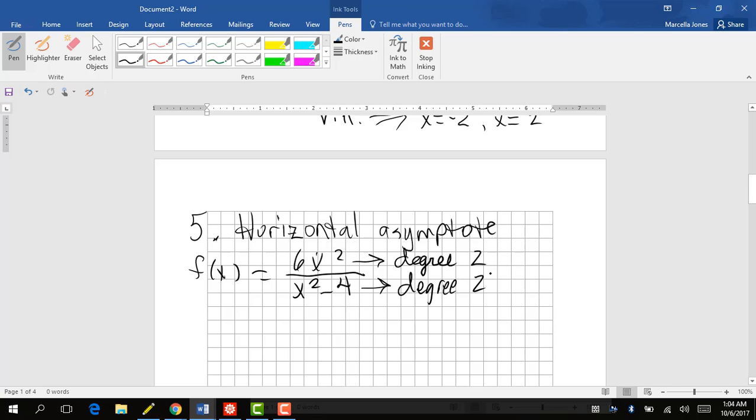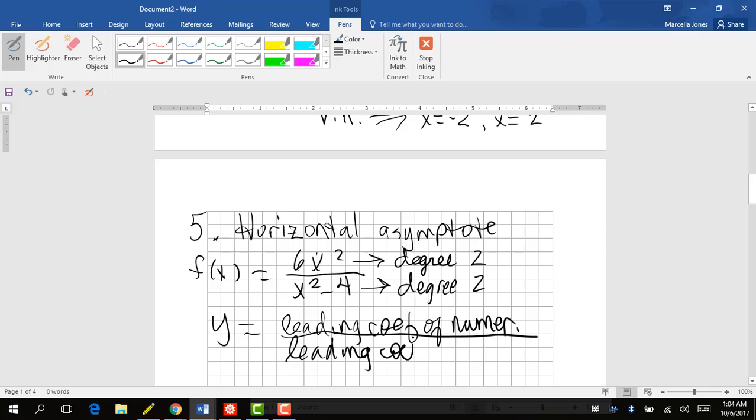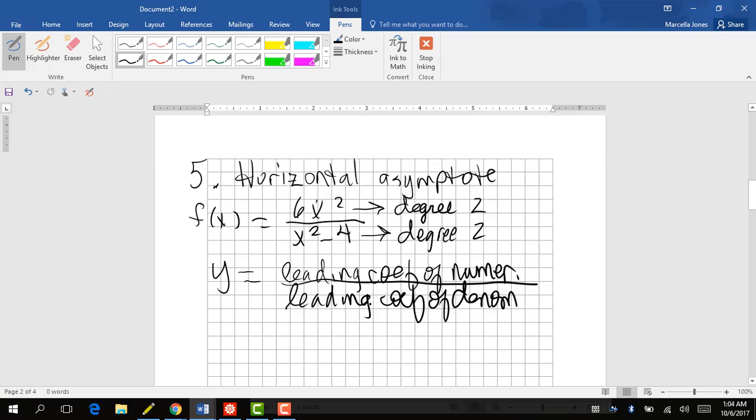Whenever the degrees are the same, y equal to the leading coefficient of the numerator divided by the leading coefficient of the denominator is the equation of my horizontal asymptote.